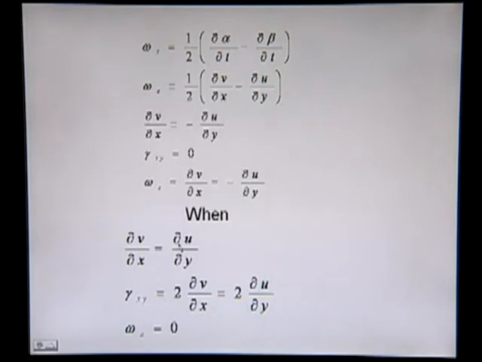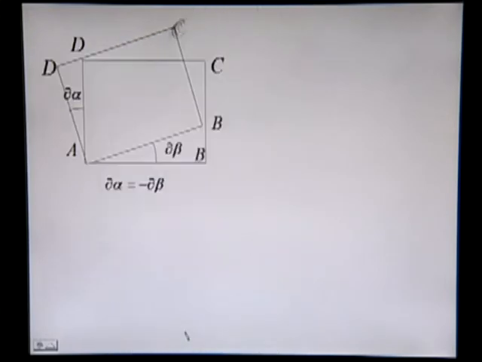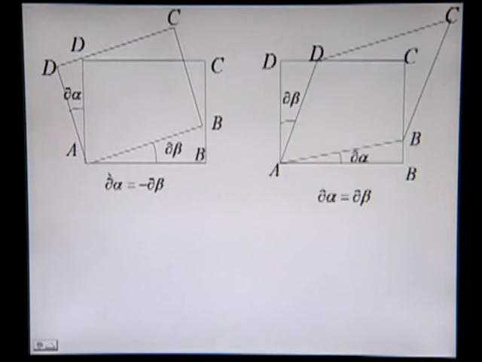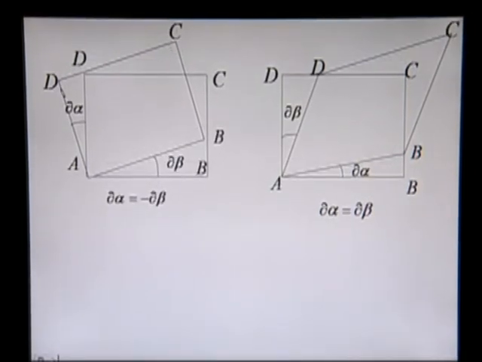And when del v over del x and del u over del y are both the same, in that case gamma xy will be 2 times del v over del x or 2 times del u over del y, but omega z will be equal to 0, right. This can be explained with the help of these figures. In figure number 1, we have a fluid element ABCD, and over time it gets deformed and takes another position.